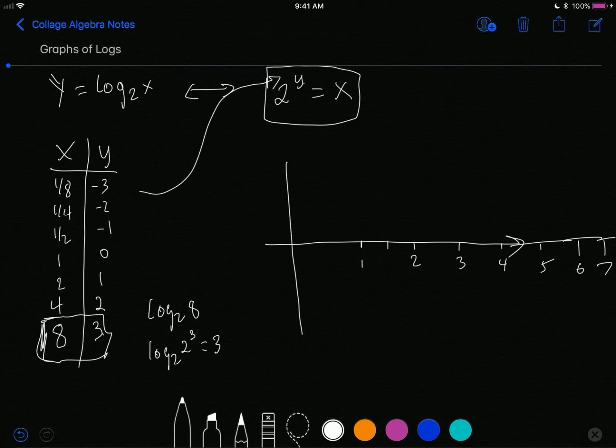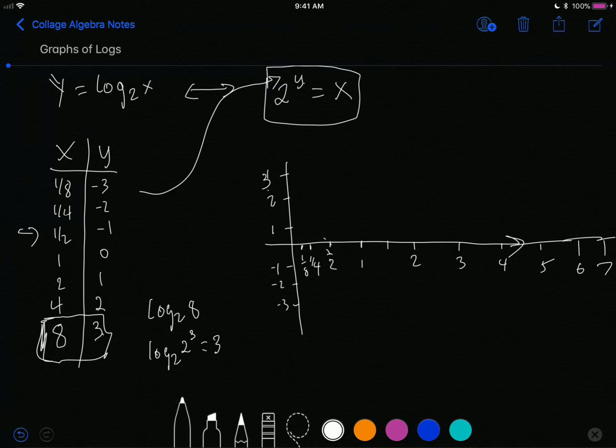The reason why I have to do this right here is because I'm going to need a half, see, right here, x to the half. I'm going to need a quarter, and I'm going to need an eighth.